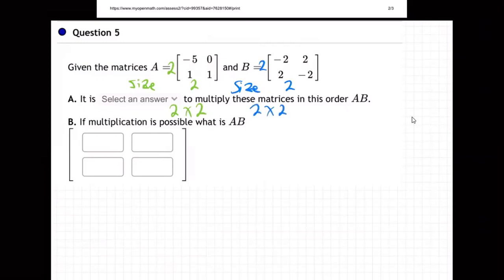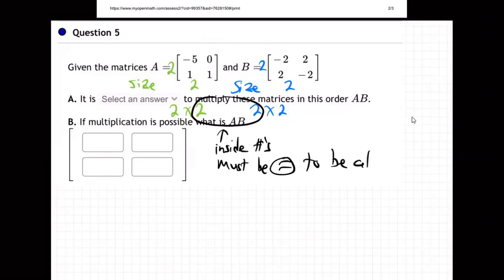Well, here's the deal. If the inside numbers must be equal to be able to multiply.